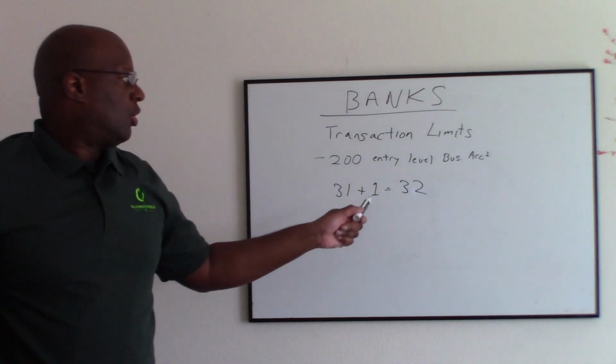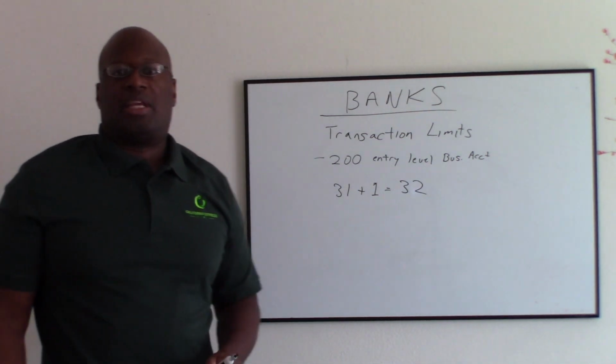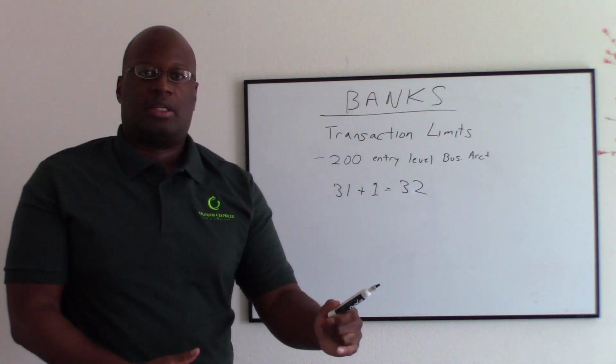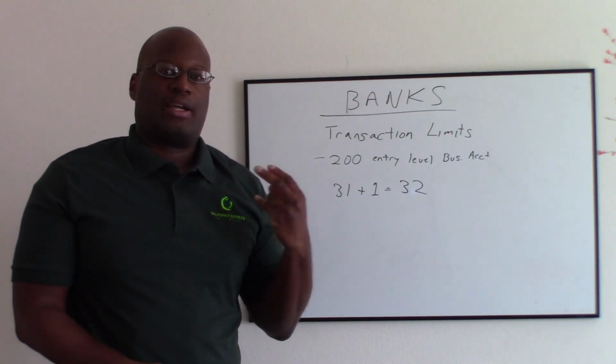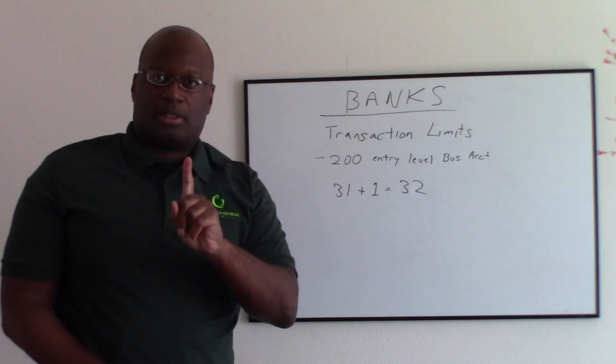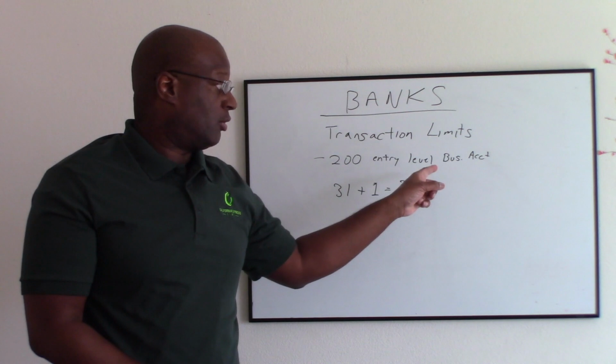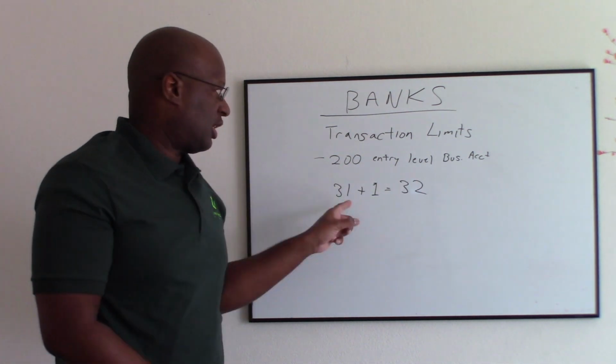Okay, so the 31 are going to be the transactions that the customers that are using the ATM, those transactions get compiled one time and sent over to the bank, to your business account, okay? So that's one transaction a day, that's 31.